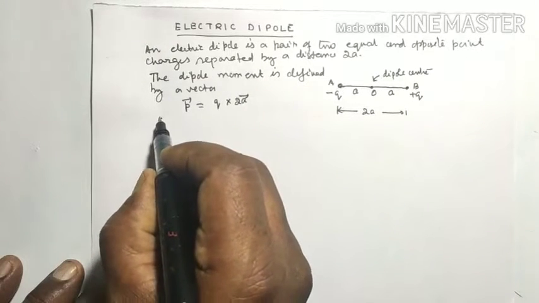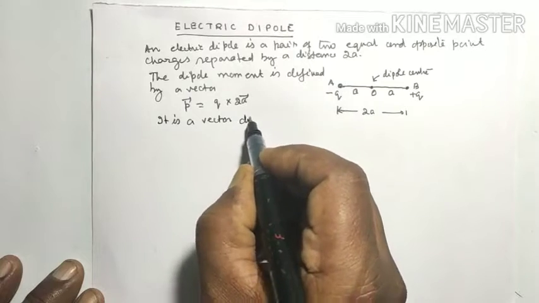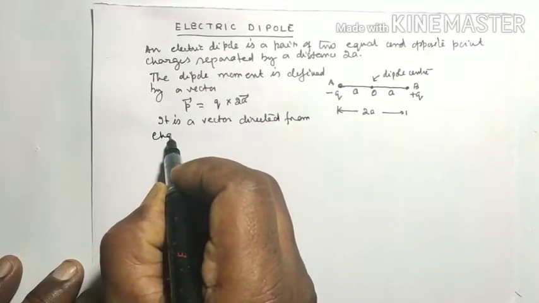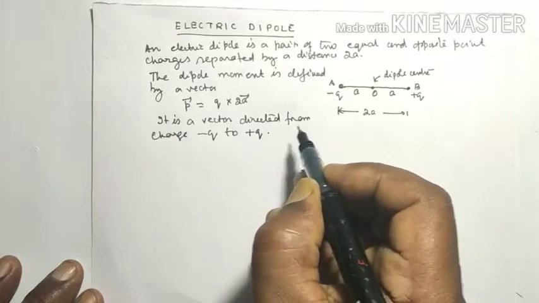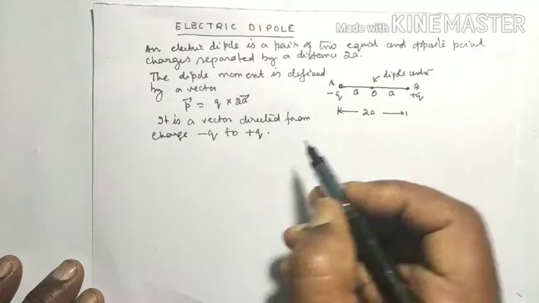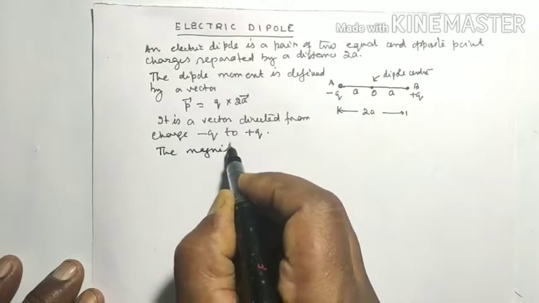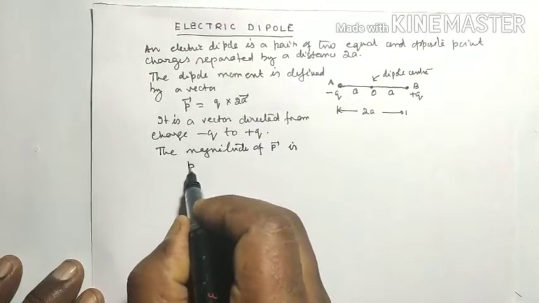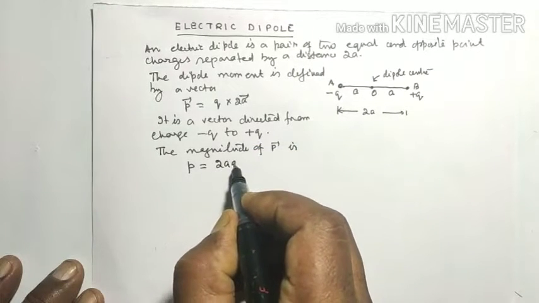So P is a vector directed from charge minus q to plus q. The magnitude of P is P equal to Q into 2a, that is 2aq.